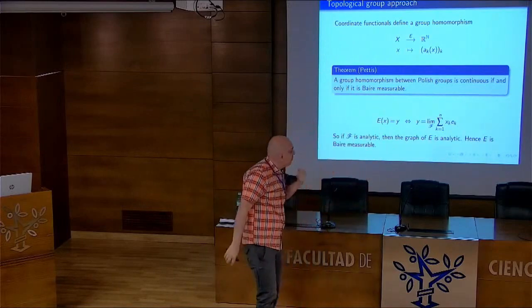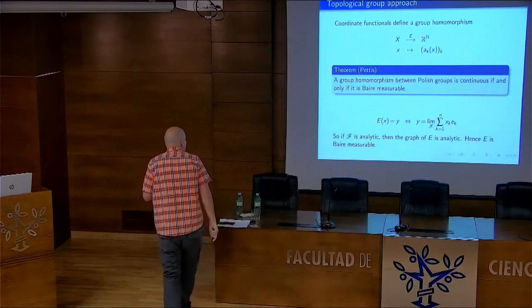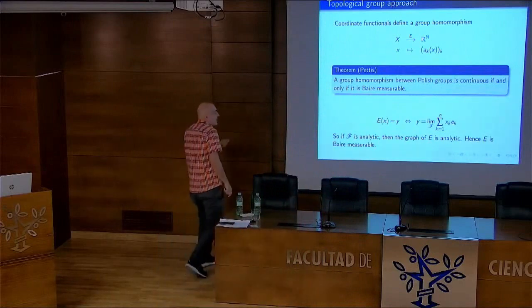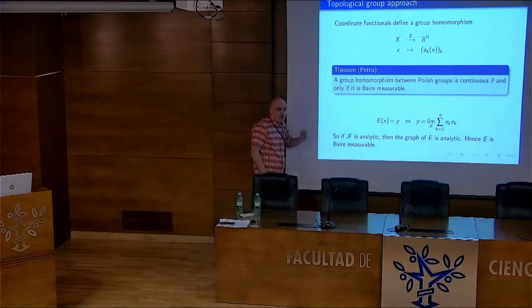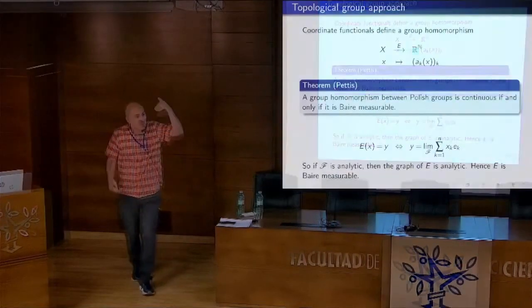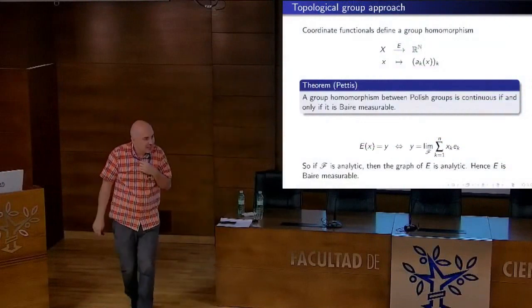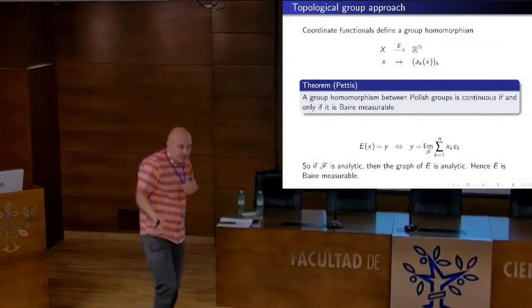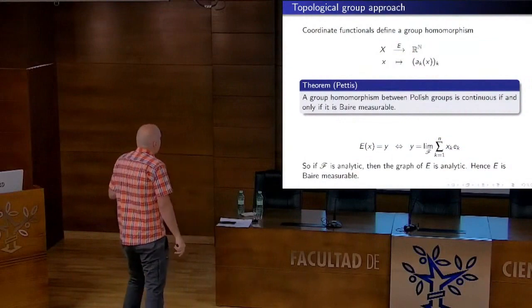So these guys knew a lot of set theory, but perhaps they were not familiar with this stuff, and they could have gone faster if they had applied this. And let's see the argument. The argument is very nice and very short, from general theorems that are quite intuitive. So what is the thing?